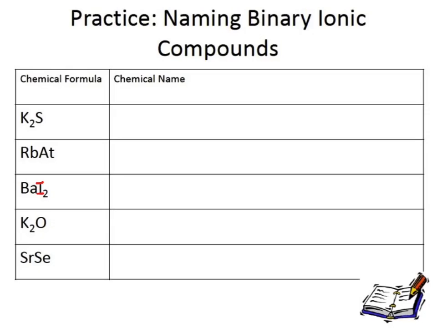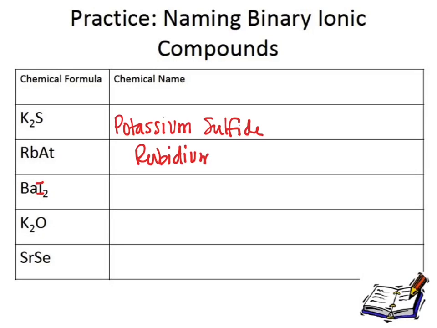So let's name these compounds. K2S, what is the name of it? Potassium sulfide. RbAt, what is that? Rubidium acetate. BaI2.